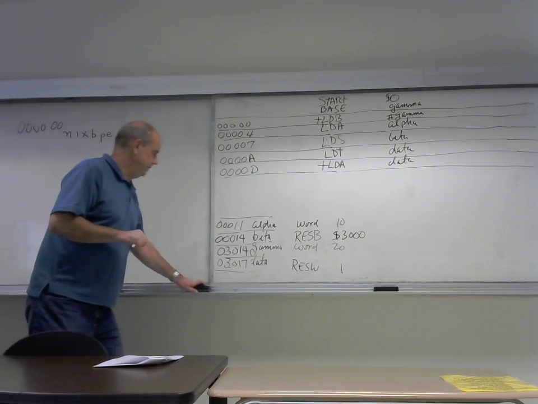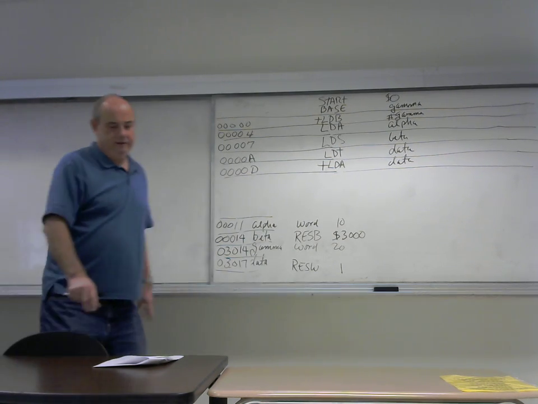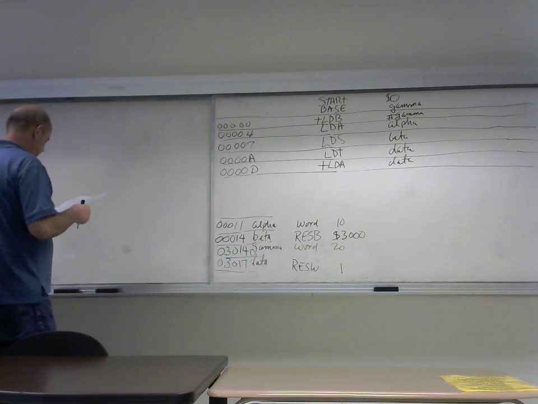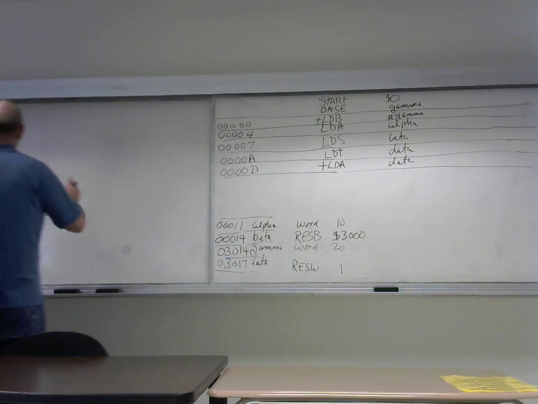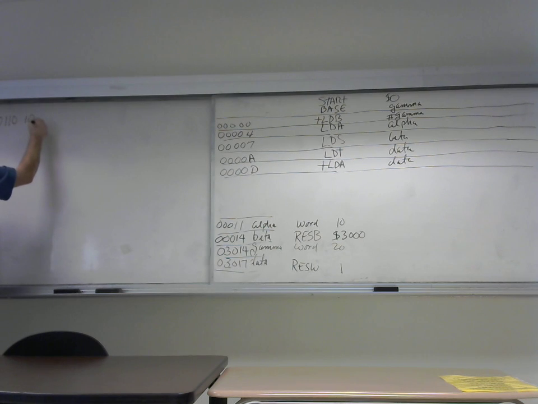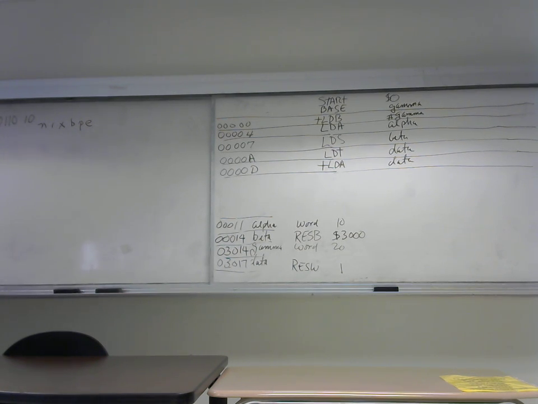Plus, let's do the LDB first. It's the first one. LDB is 68. So 6, 8. Then we have N, I, X, B, E. Is the N bit set?